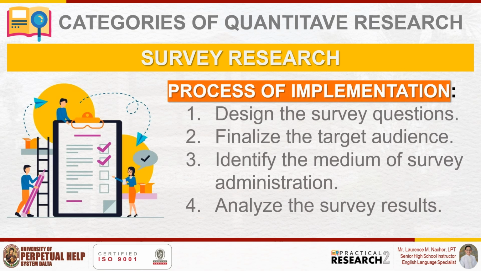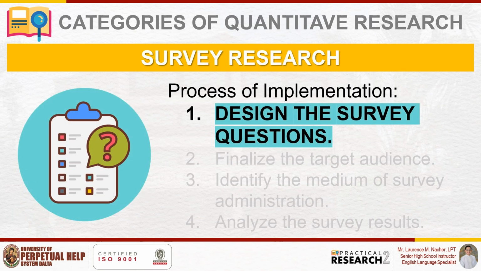So let's come now to the process of implementing a survey. We have here 4 processes, so let's have each one. The first one is to design the survey questions.